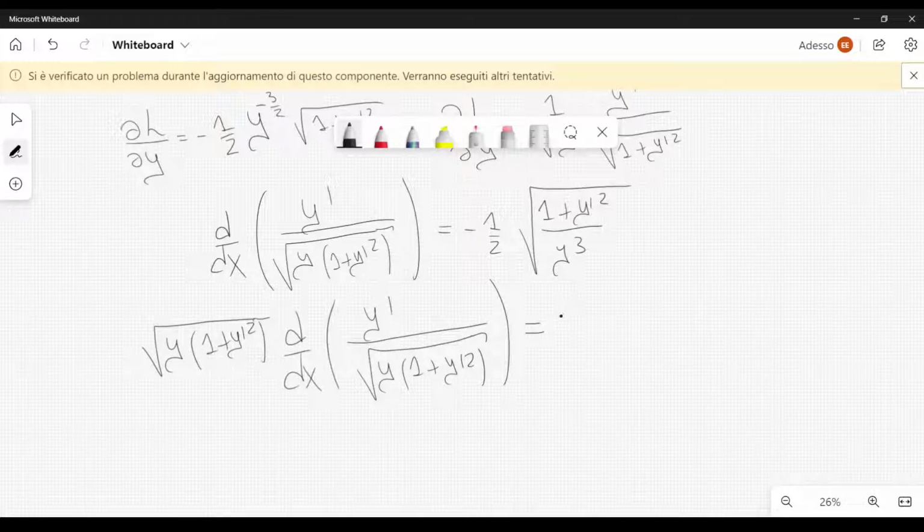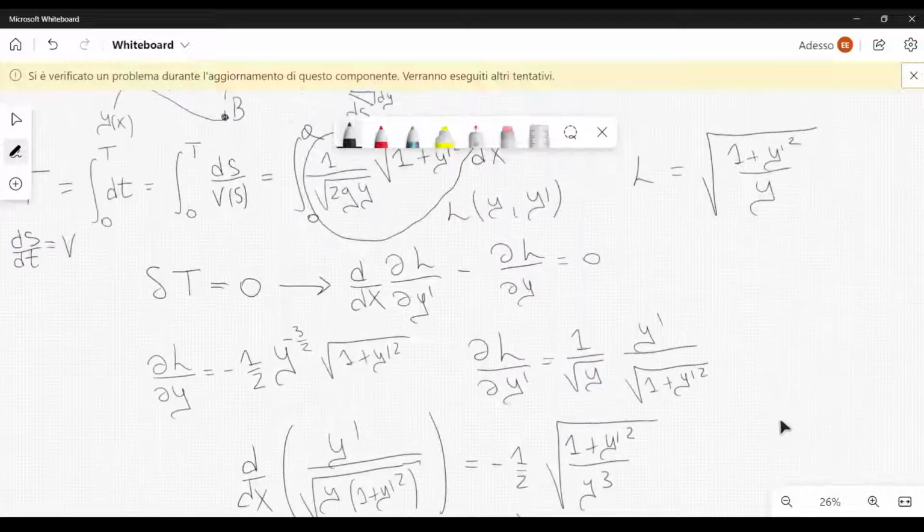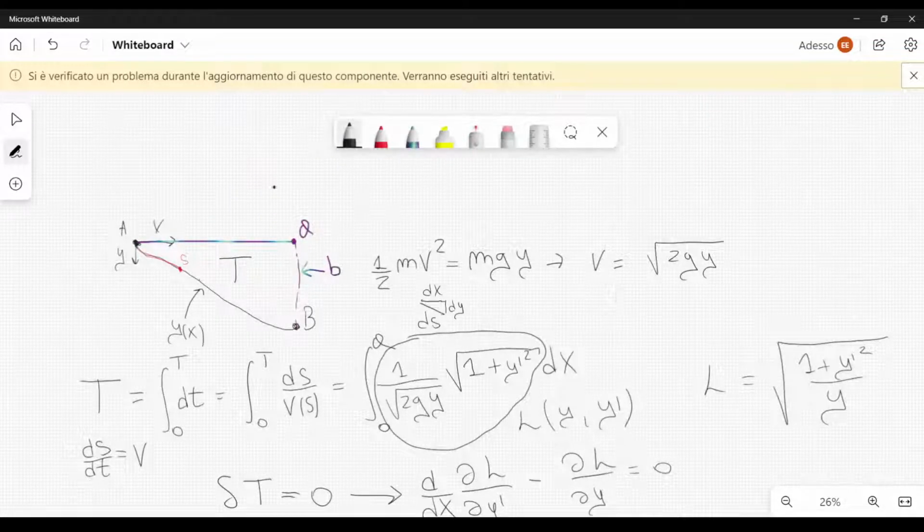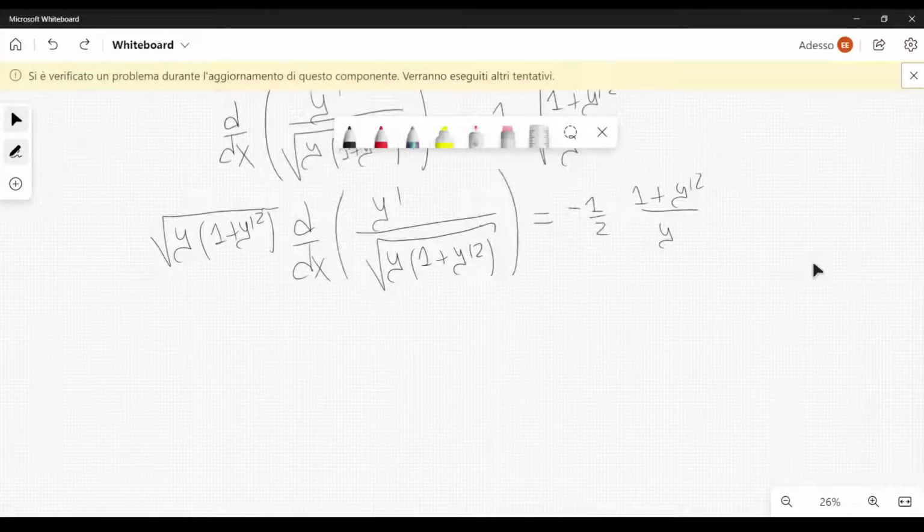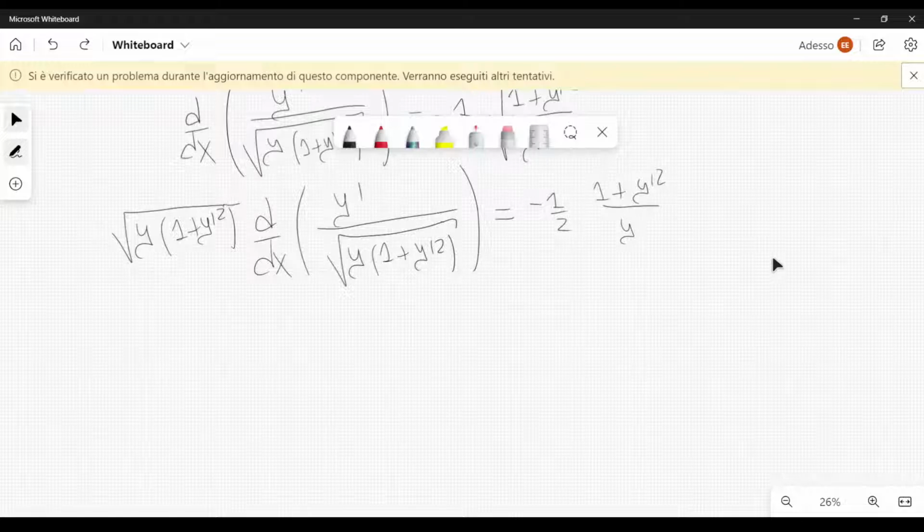This is equal to minus 1 over 2 times 1 plus y prime squared divided by the absolute value of y, but we are going to consider only y greater than 0, and this makes sense. If you think about it, the path that minimizes this time from A to B will be reasonably contained in this region where y is greater than or equal to 0. So we will continue like this.